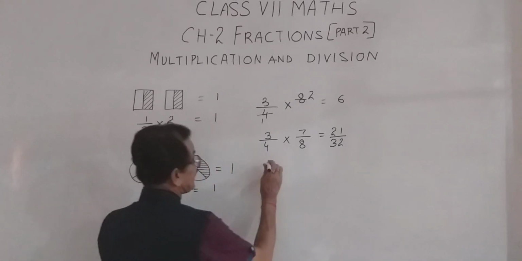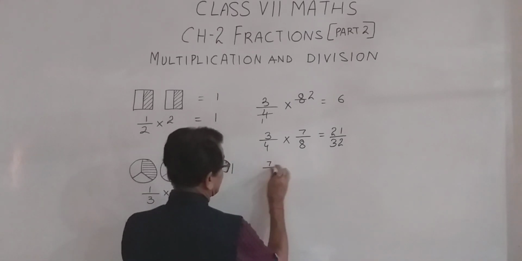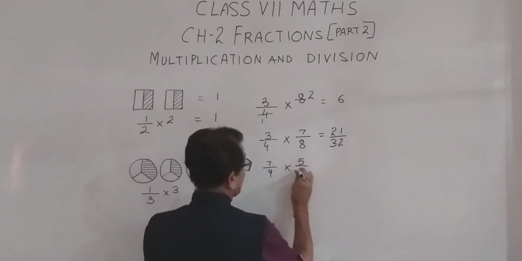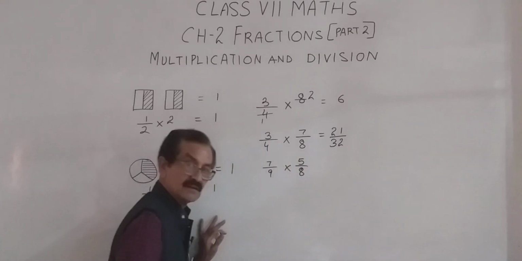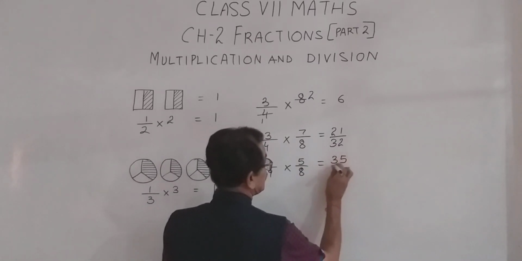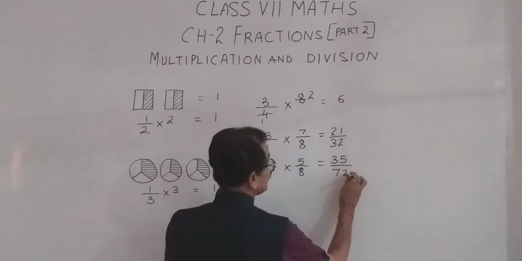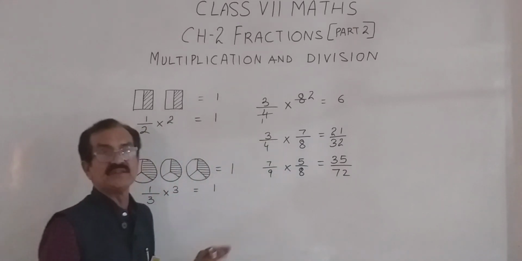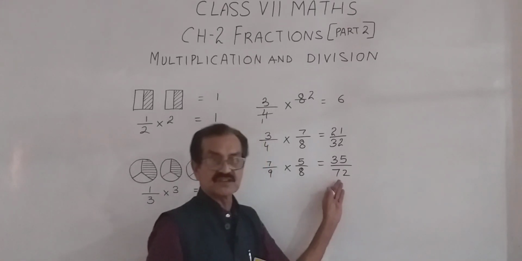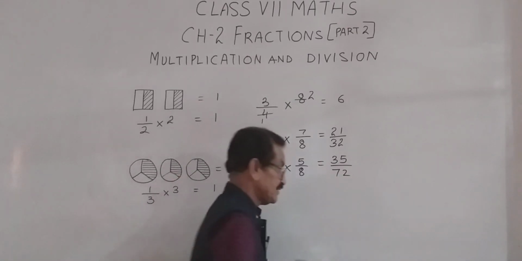However, when we have some other fractions such as 7 by 9 multiplied by 5 by 8, again we multiply the numerators and we multiply the denominators, since there are no common factors between the numerators and denominators. Again we have a proper fraction, so that is our result.